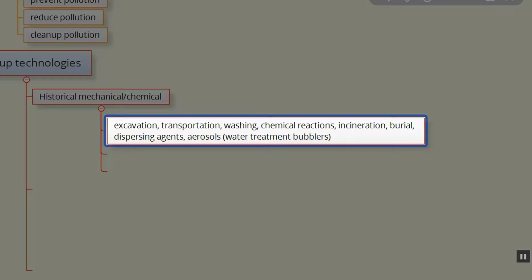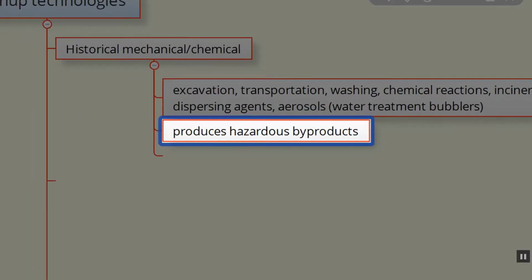We'd use aerosols and water treatment bubbling systems. What's one of the problems with it? It produces hazardous byproducts. Yes, some of our waste management systems produce carcinogens that go into our air with incinerators, producing polycyclic aromatic hydrocarbons, known carcinogens.